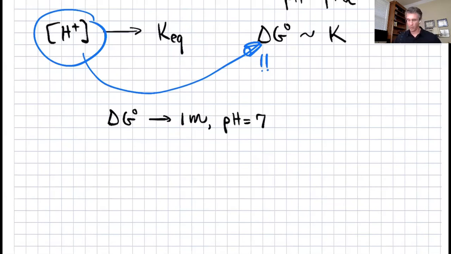And when you do that, the standard free energy of a reactant or a product under these conditions gets a different symbol, right? And that symbol is still delta G naught, but it gets a prime, where the prime designates standard state of that reactant or product under the normal 1 molar or standard state condition, but also at pH 7, right? Okay, and we'll stop there.